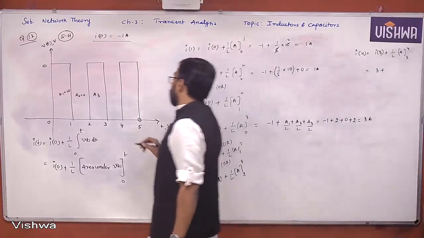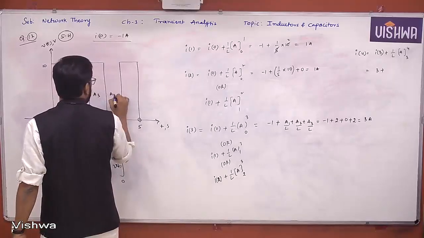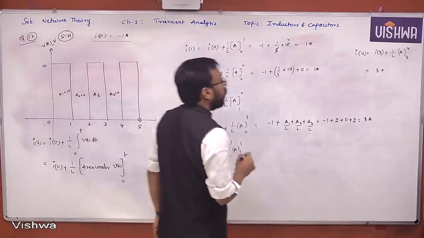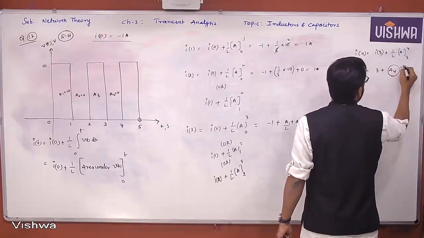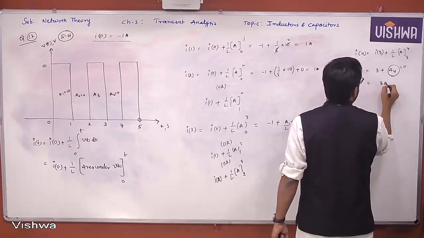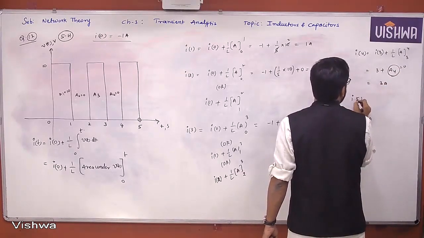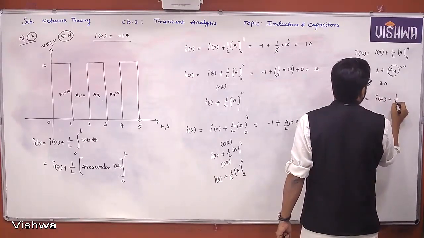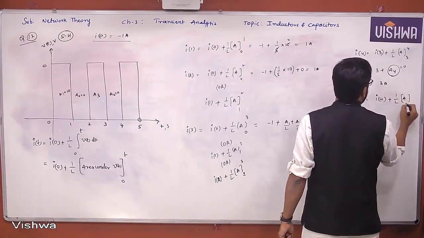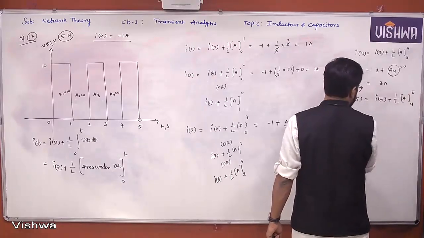It's nothing but area 4, 0. This is area 4. This is 0. Finally, answer is what? 3 ampere. I of 5, I can take I of 4 plus 1 by L area under 4 to 5.